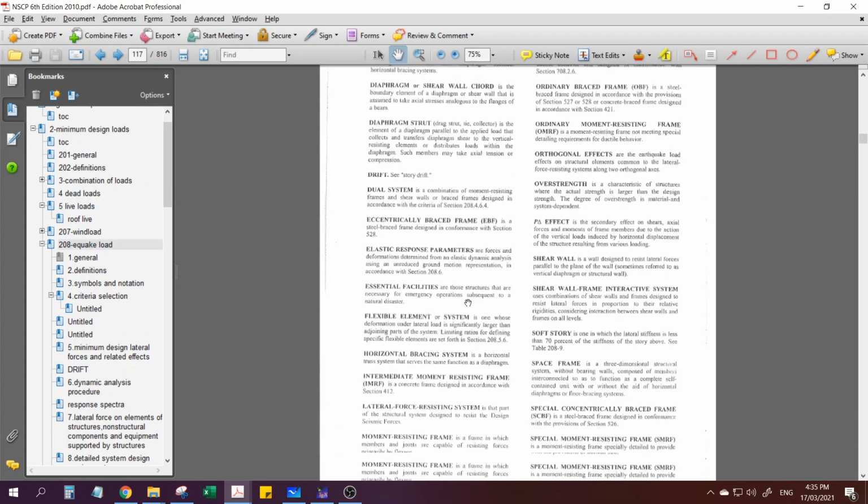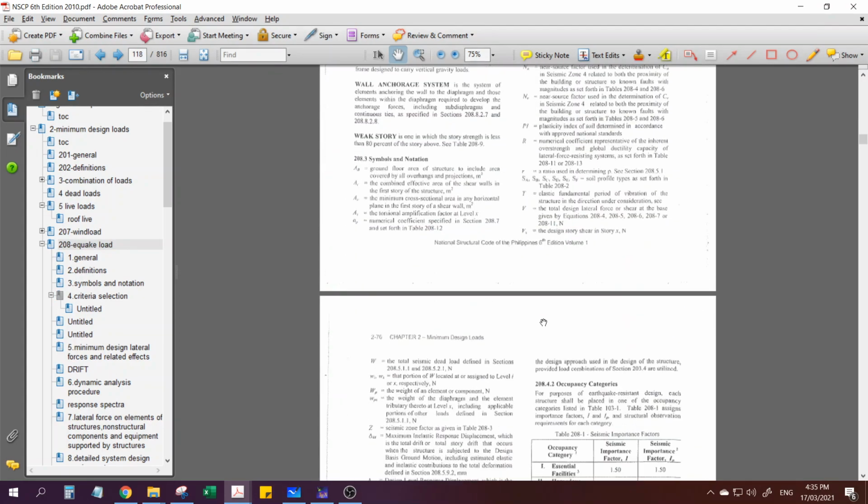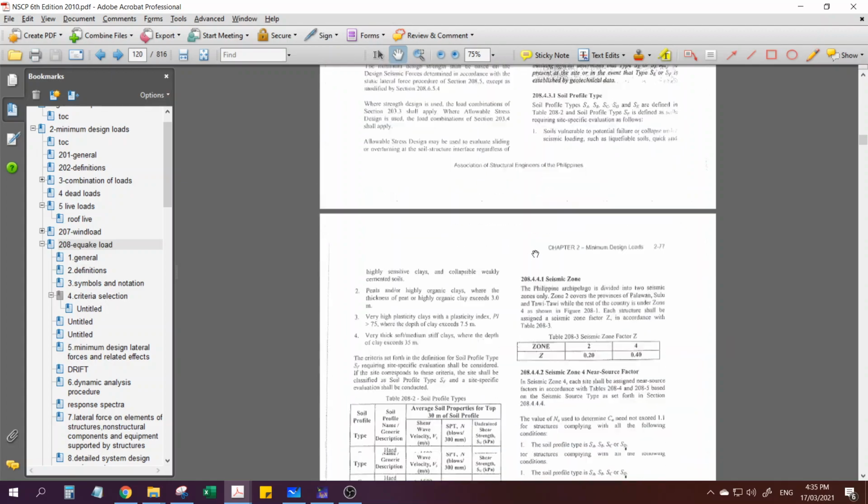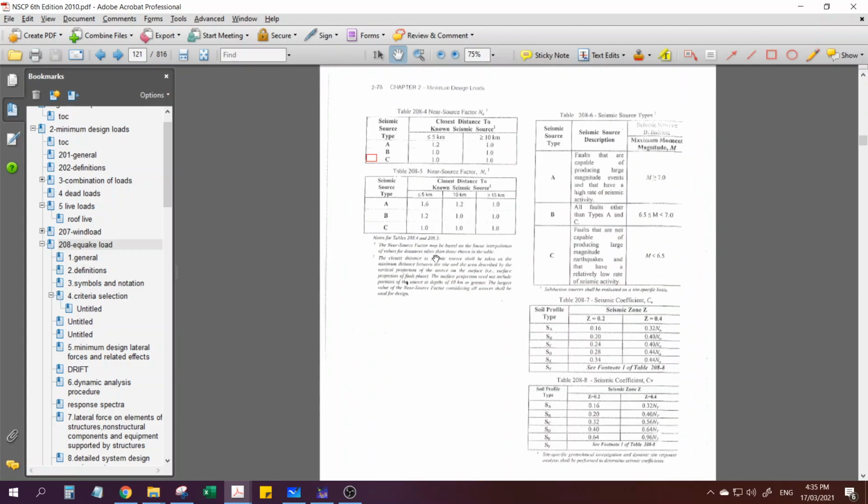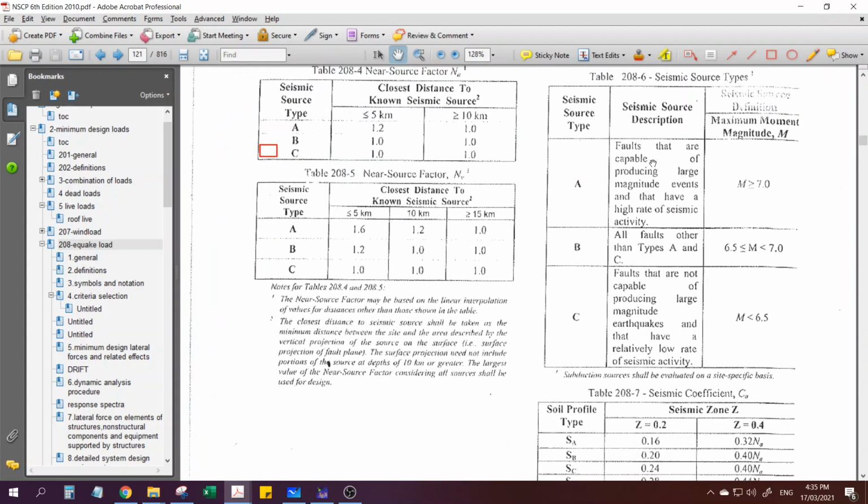So this is the definition of source type A. Faults that are capable of producing large magnitude events, have a high rate of seismic activity, or moment magnitude greater than 7. Remember the JICA study of the West Valley Fault?